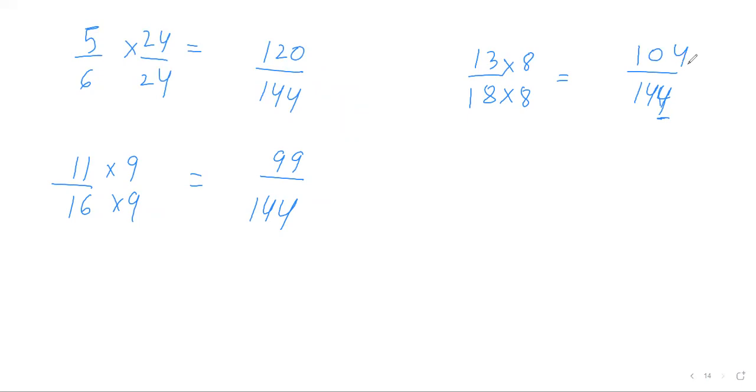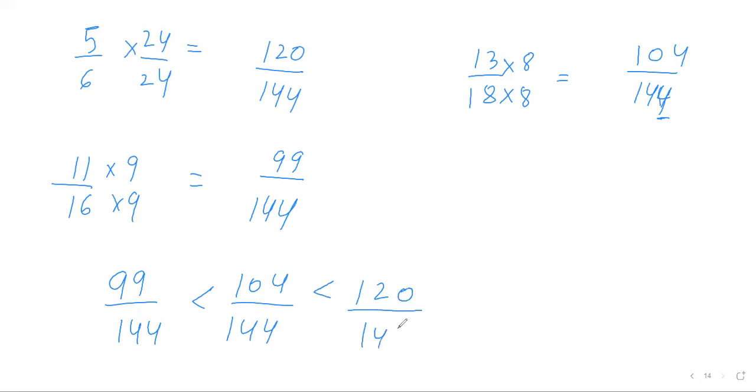So now if I arrange them in ascending order, and convert back to the original numbers, that is 11 by 16, and 104 is 13 upon 18, and 120 upon 144 is 5 upon 6.